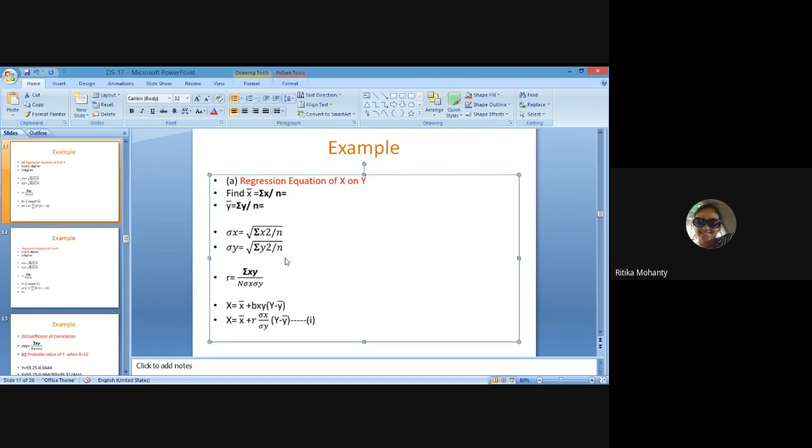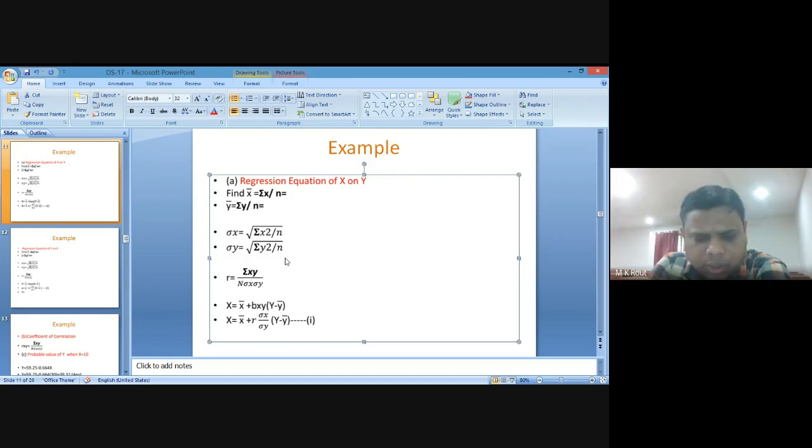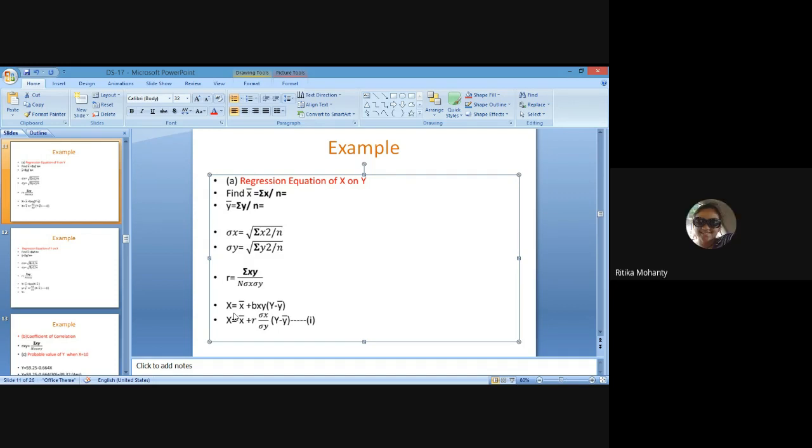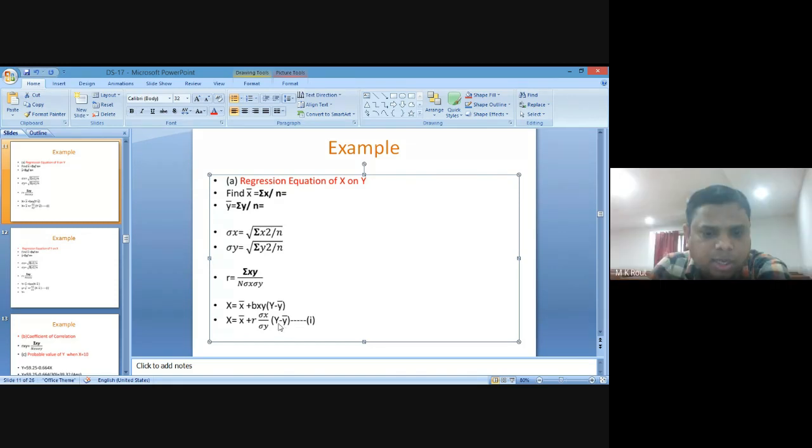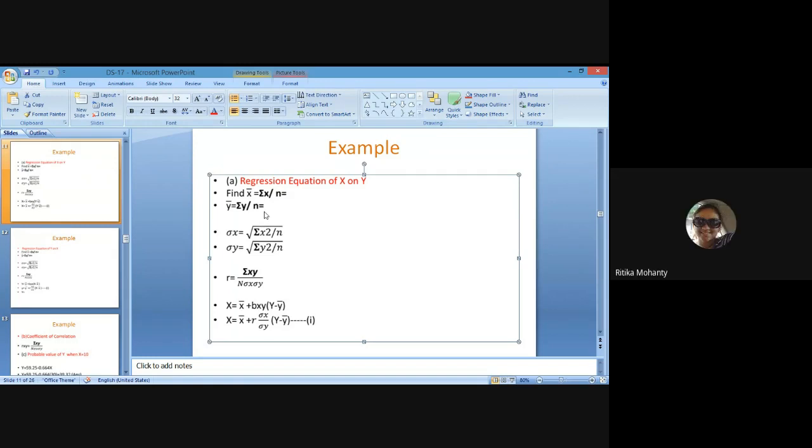What to put in that case? In the place of y minus y bar, what should we put? Y minus y bar we have already calculated, that is 38. Yes, sir.